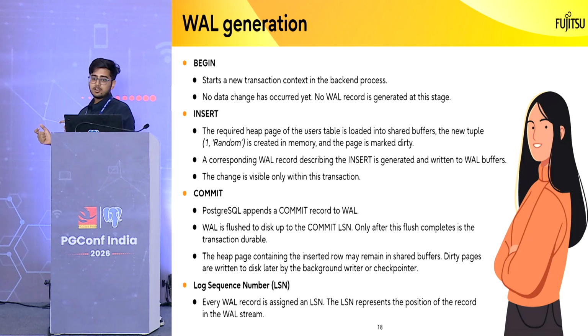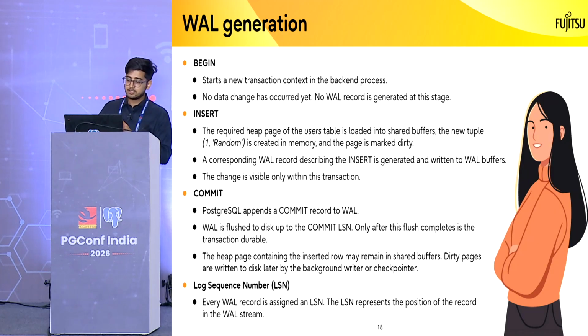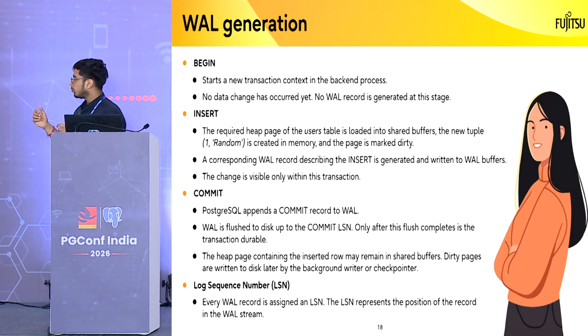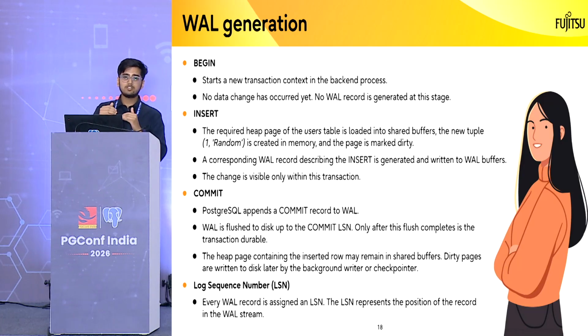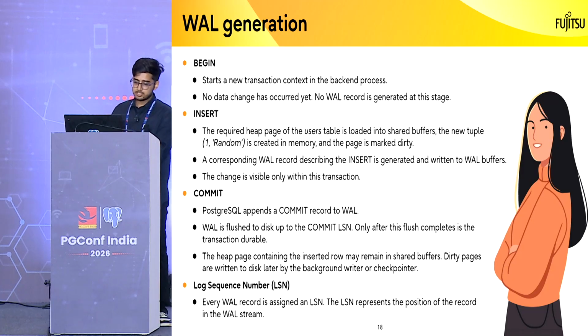Along with this, a corresponding insert WAL record is generated and written to the WAL buffers. At this point, this change is only visible inside this transaction and would not be seen by other transactions.